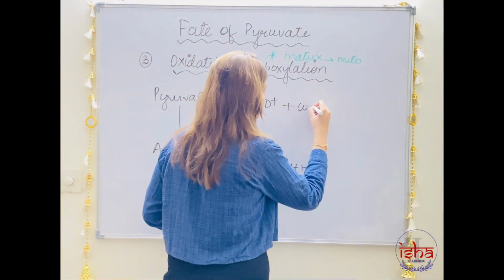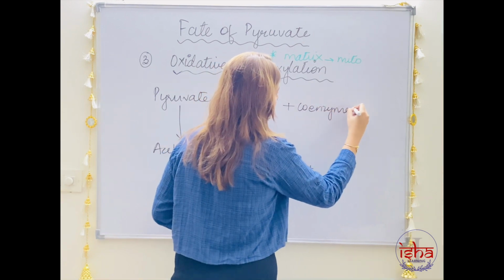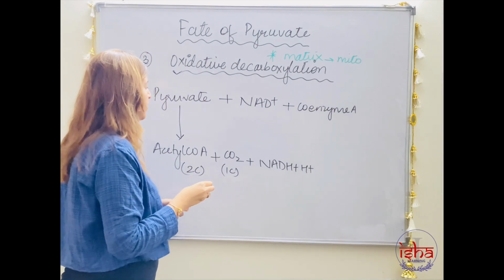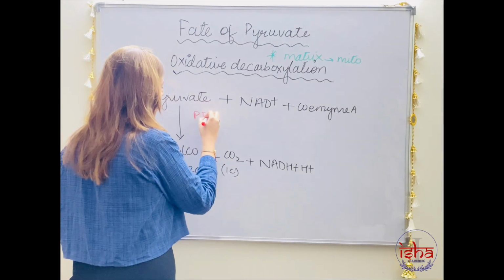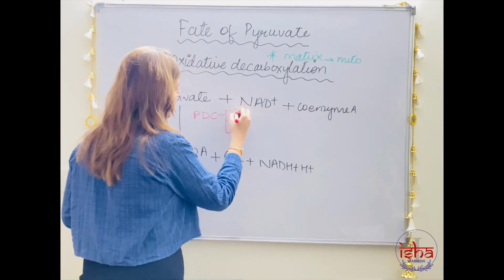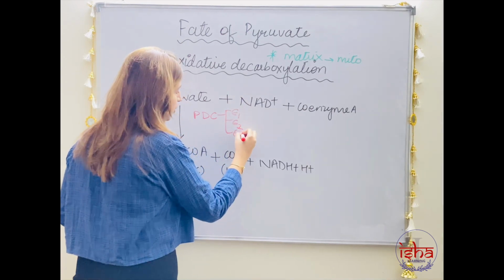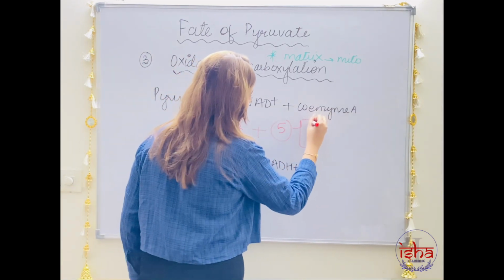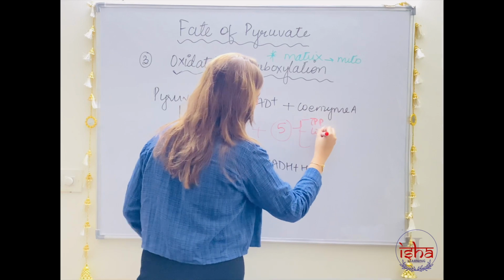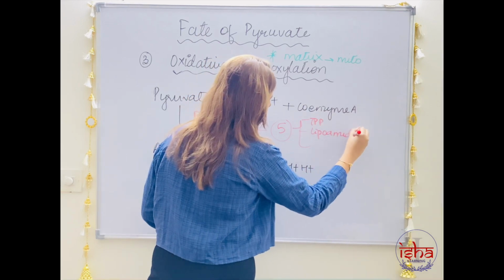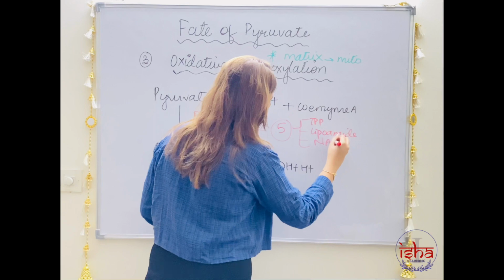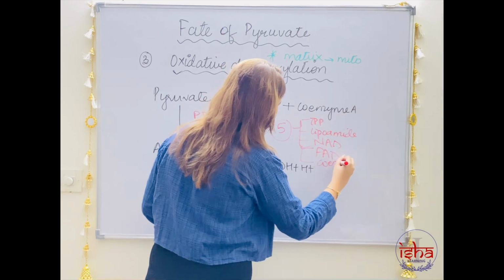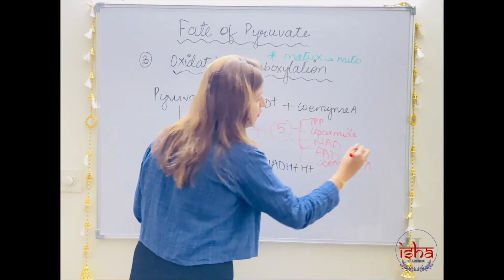We required coenzyme A. Just for a quick revision, I would tell you that here the enzyme involved is going to be the pyruvate dehydrogenase complex made up of E1, E2 and E3. And besides that, we had our 5 cofactors, TPP, and then we had lipoamide, and then we had NAD, and then we had FAD, and then we had our coenzyme A. So these were my 5 cofactors.